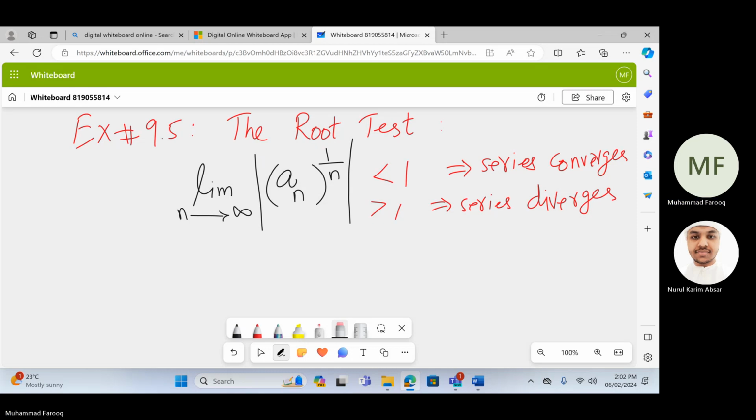Before I go to a question, I will share with you a result, because this result really helps you in the root test.